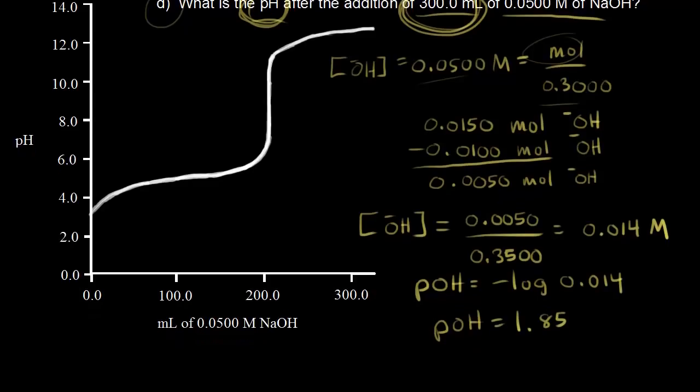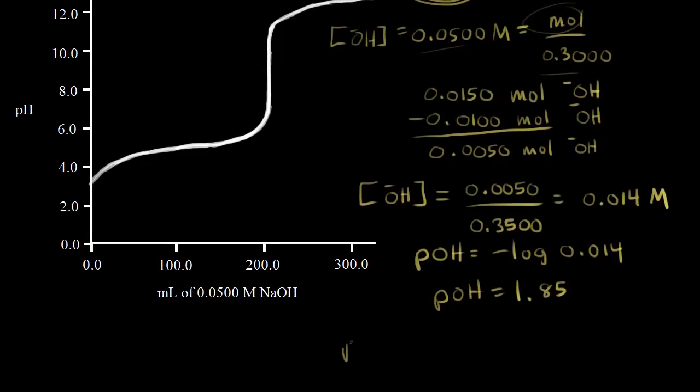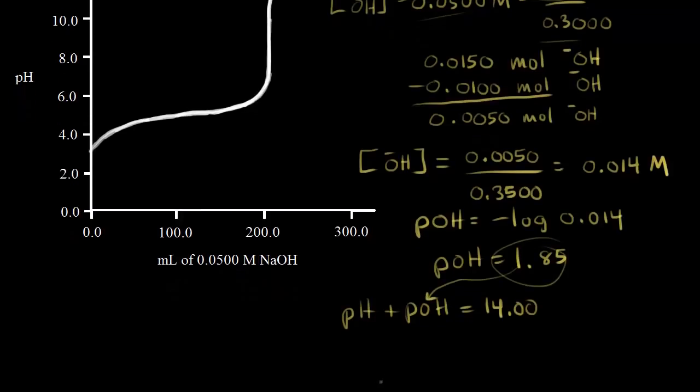And finally, to get the pH, we know that pH plus pOH is once again equal to 14. So we plug in the pOH, and the pH would be equal to 14 minus 1.85, which gives us 12.15.